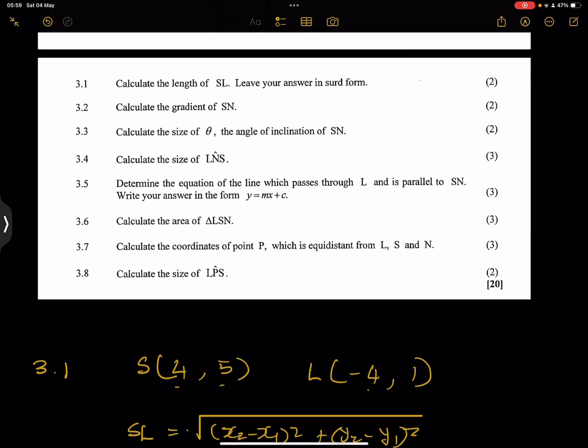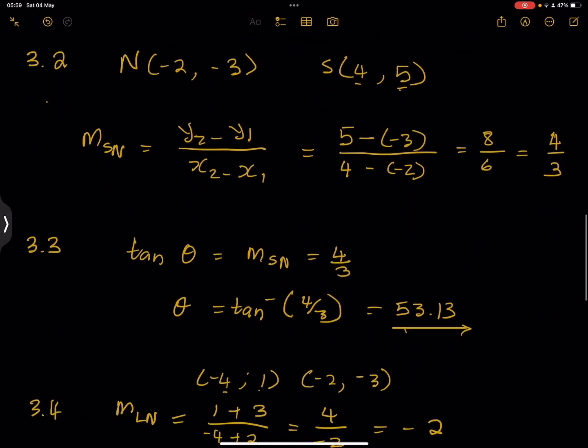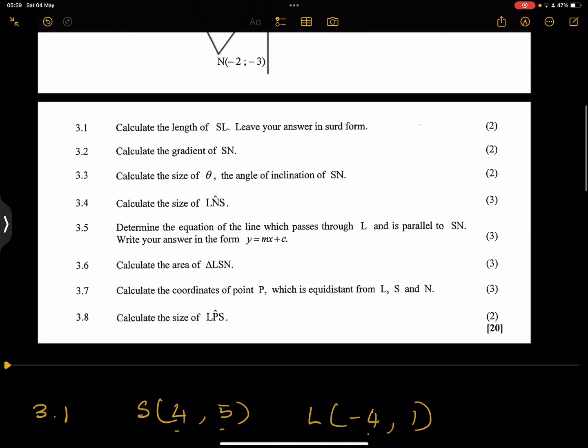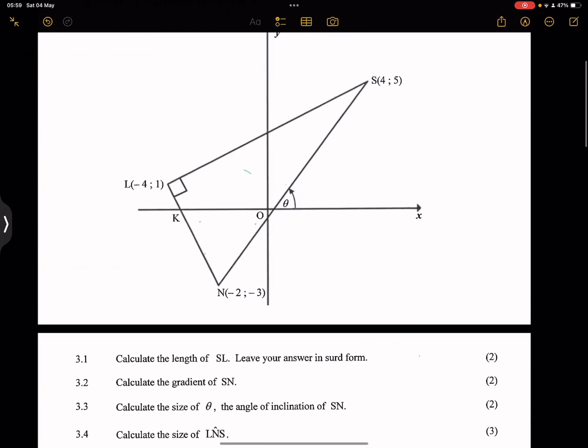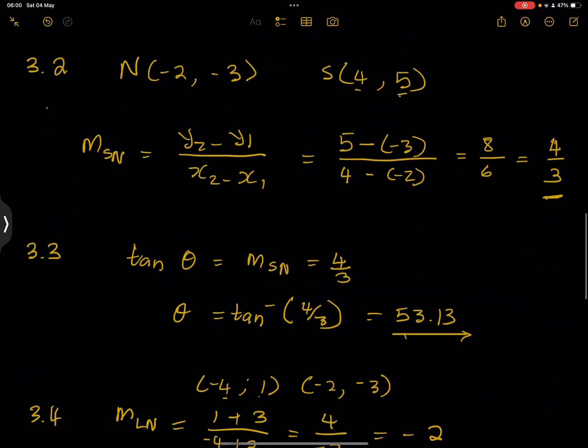They say that we must determine the equation of the line which passes through L and is parallel to SN. Right, remember we found the gradient of SN, right? The gradient of SN, if you remember, was 4 over 3. But they said this line passes through L, right? The coordinates of L are (-4, 1).